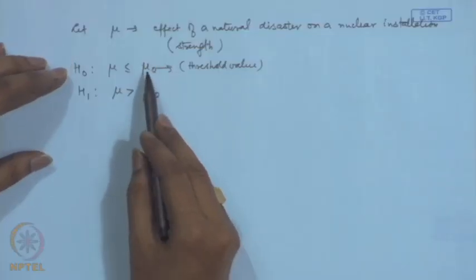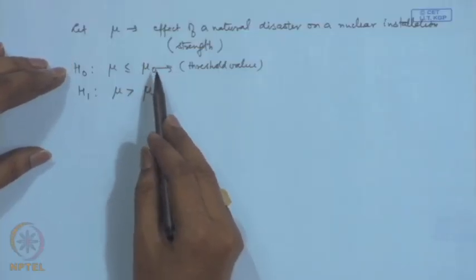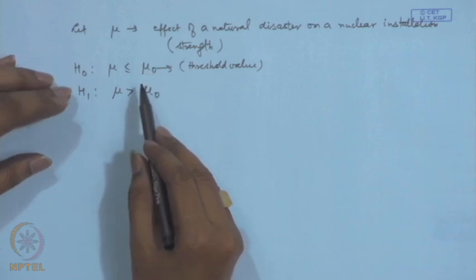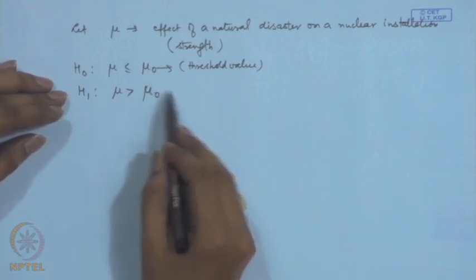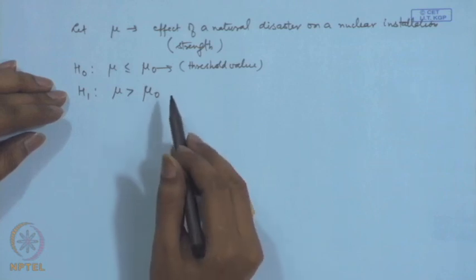However, it may entail a very large amount of expenditure and also maintenance costs. Whereas, if H naught is actually false and we accept it, in that case we are making a very serious error, as happened in the nuclear disaster in Japan.